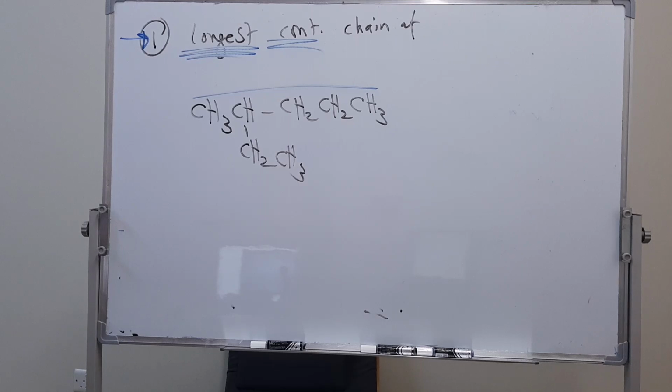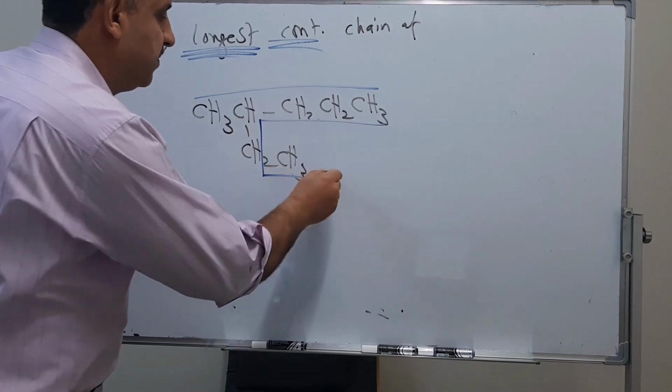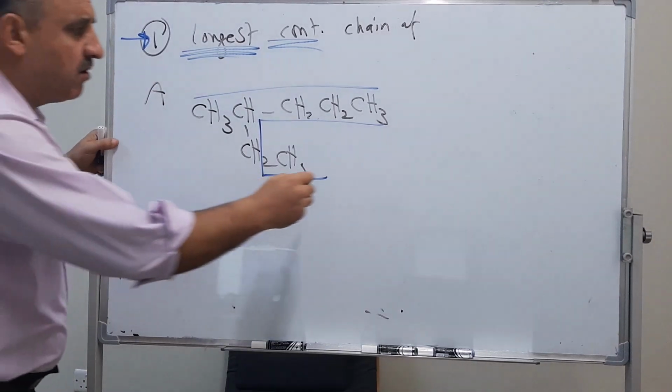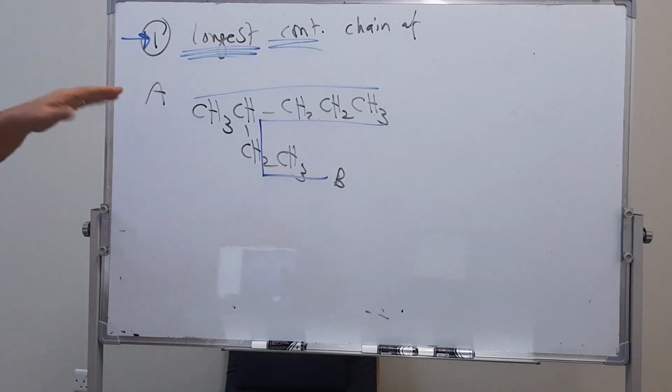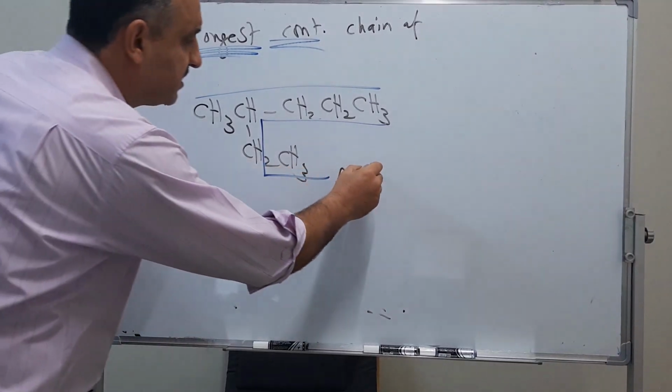Yes, some of you wrote 6, which is true. Actually, the 6 is the longest continuous chain of carbon atoms. We have 5 if you choose the A chain, or the B chain. B is the longest chain of carbon atoms, while A is not the longest. So A is 5 carbons, but B is 6 carbons.